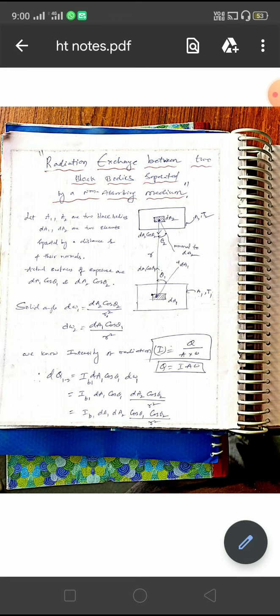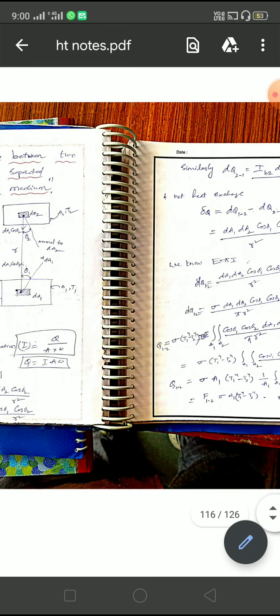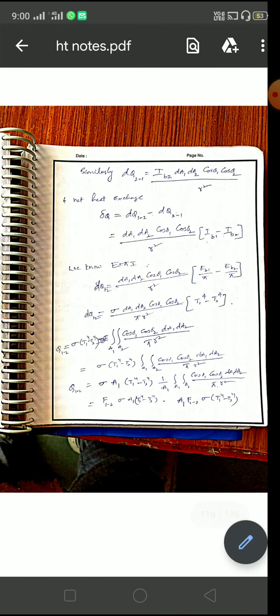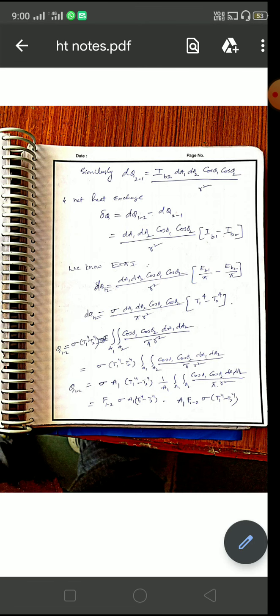Q is equal to I A omega, and when we integrate with all substitutions, we get a final important result: Q12 is sigma A1 (T1 power 4 minus T2 power 4) times 1 by A1 integral over A1 and A2 of cos theta 1 cos theta 2 dA1 dA2 by pi r square. Here we have an important factor, which we call F12, the shape factor: 1 by A1 integral of cos theta 1 cos theta 2 dA1 dA2 by pi r square.